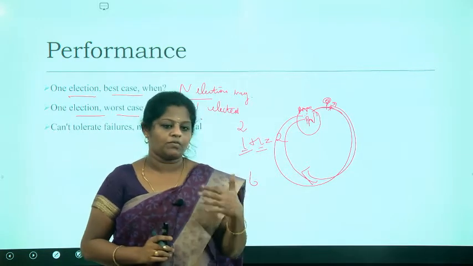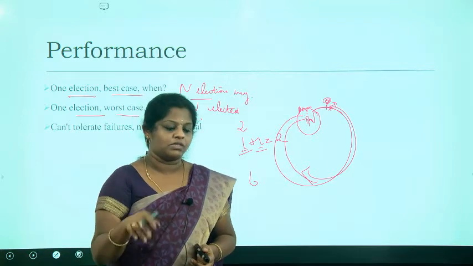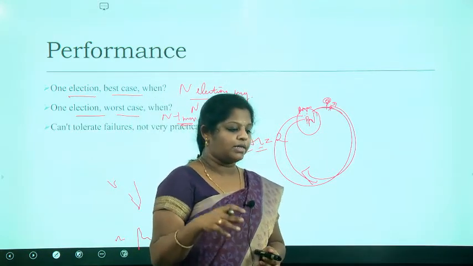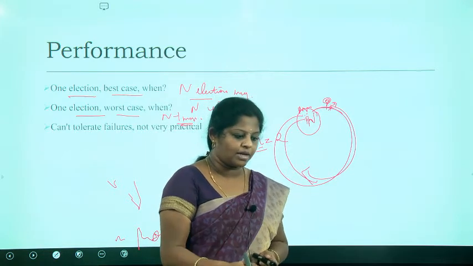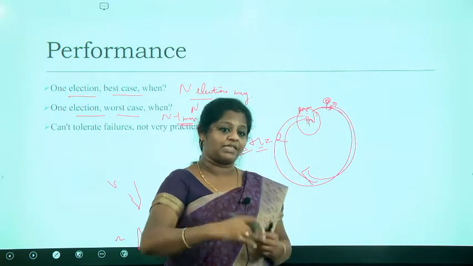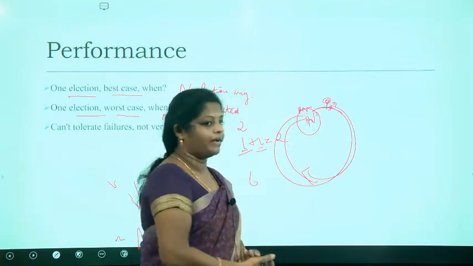A total of n minus 1 messages are required to reach its neighbor, which will not announce its selection until its identifier has completed another circuit. Again it takes a further n messages. Double the messages will be required in the worst case.